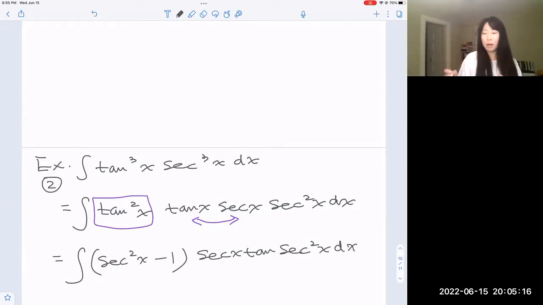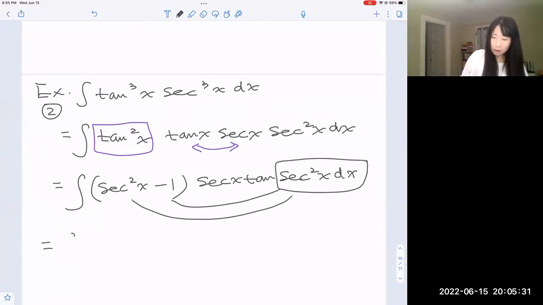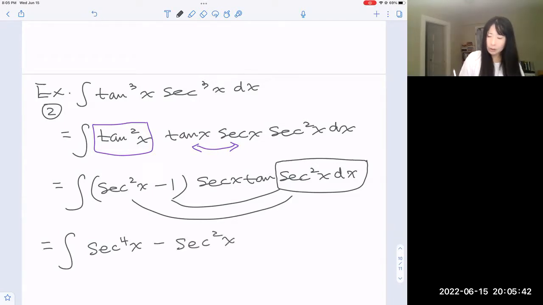Okay, now I want to distribute this one with that. So this will be secant to the fourth power minus secant square x. Then we have a secant x, tan x.